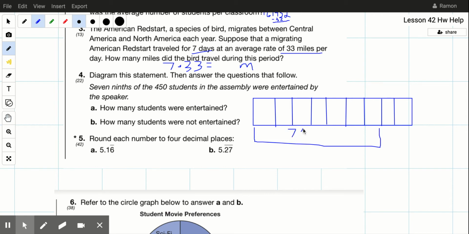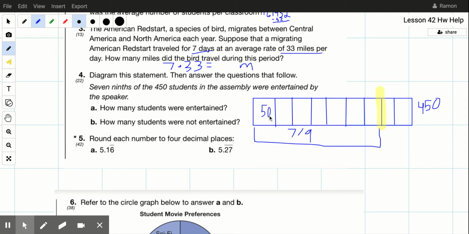So 7/9. We have a total of 450 students. And since we have 450 students divided by 9, that means that we have 50 students per given section. So if each of these sections has 50, 7/9, how many were entertained?